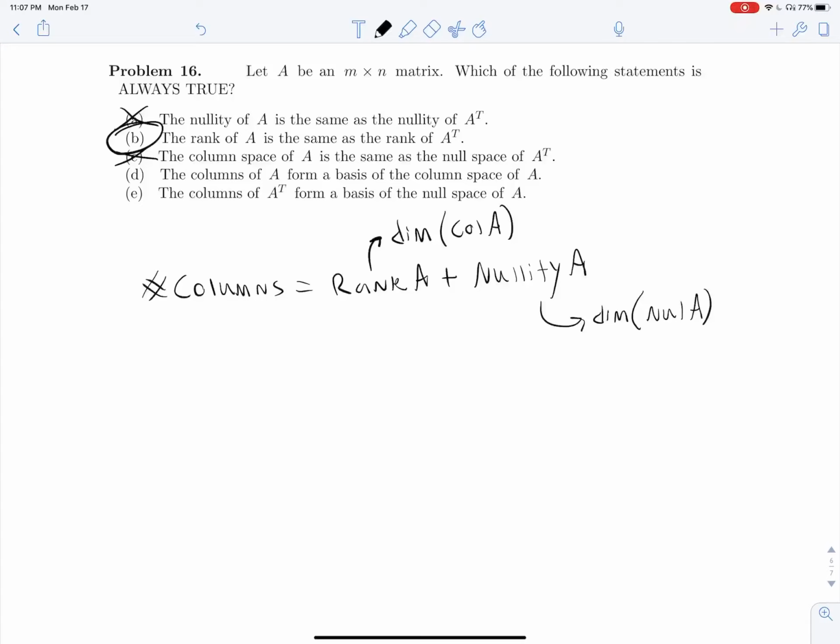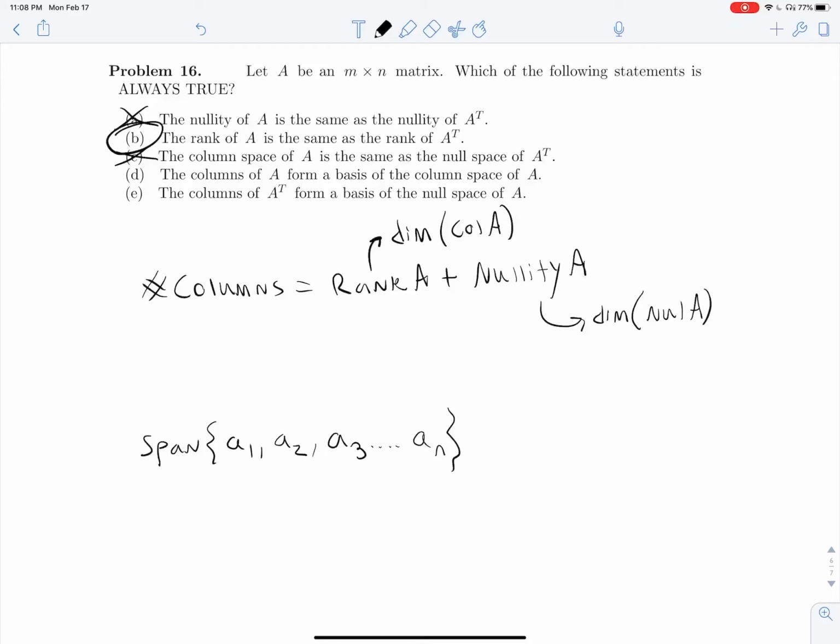But D and E, we do have some good explanations for. So the columns of A form a basis of the column space of A. You might think that seems pretty true. That the span of A1, A2, A3, all the way to AN seems like a true statement, that these are the basic building blocks that you need to build out your space. But it can be the case where we have some of these columns that are redundant.